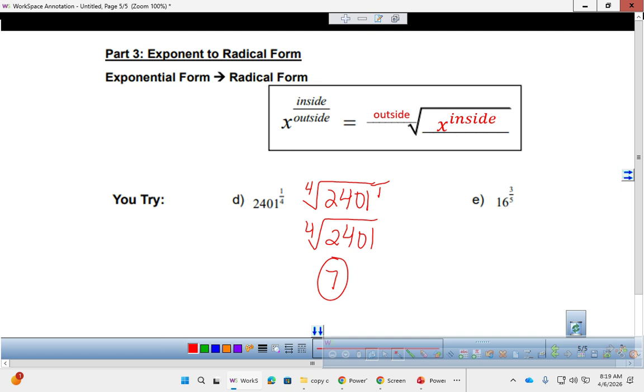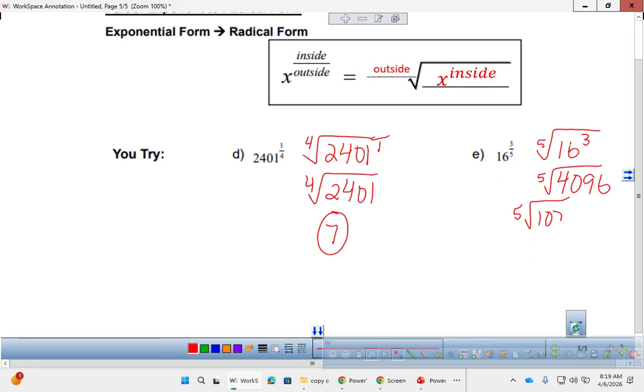All right, so for this one, I'm going to have the 5th root of 16 to the power of 3. What is 16 to the power of 3? 4,096? I'm going to assume, because it's the second example, you probably had to go to your y equals screen. All right, so what perfect 5th power did we get? And what was next to it?